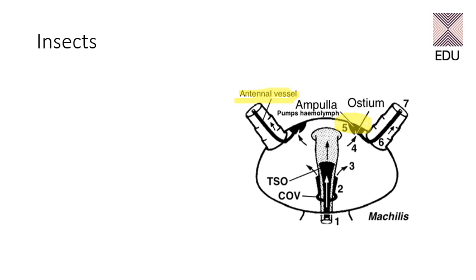Now this diagram also shows the head in the dorsal view of the insect. The vessels and their derivative structures are shown in solid black color. So here you can see the ampulla in solid black color. The arrows indicate the hemolymph flow.